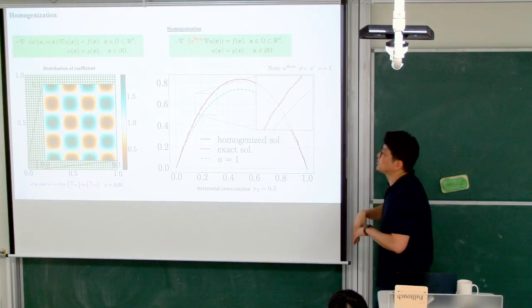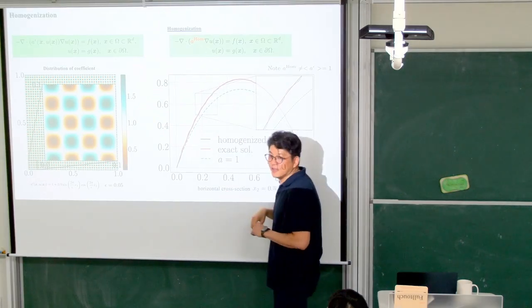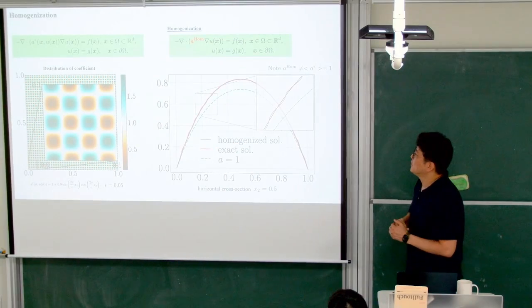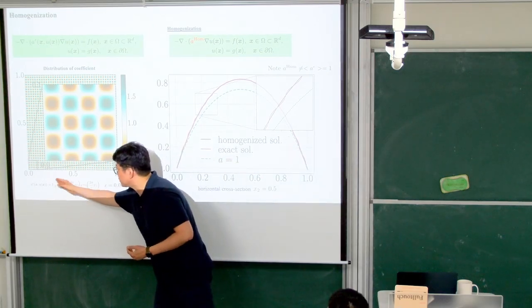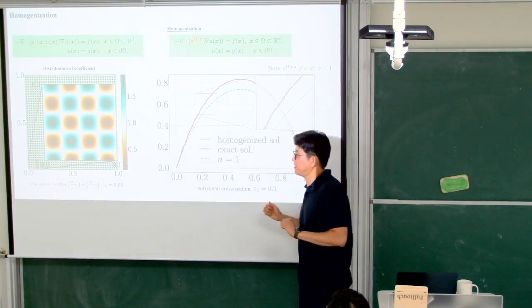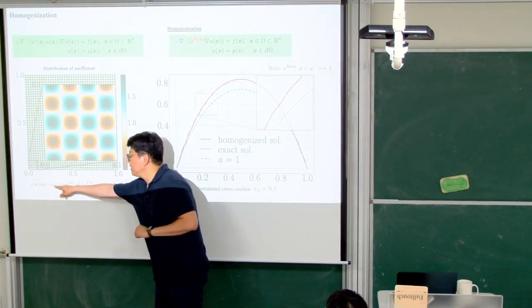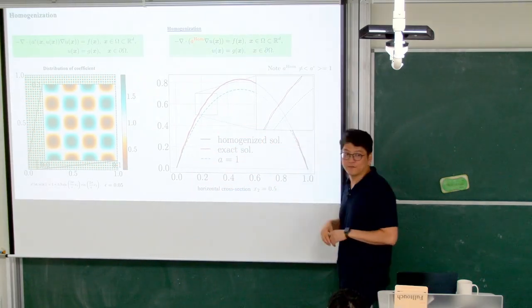There is a homogenization theory to compute this coefficient. Actually, this computation is not simple. You might guess that simply taking the average of the coefficient works, but it doesn't, because the solution corresponding to the averaged coefficient is just the green one, which is very different.